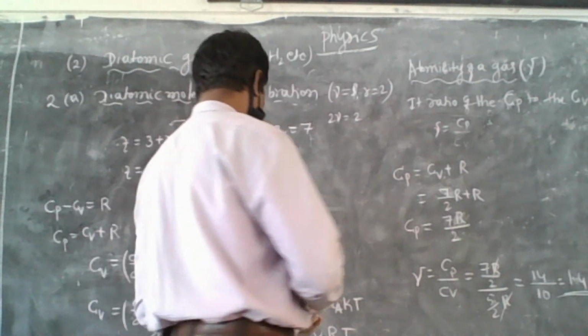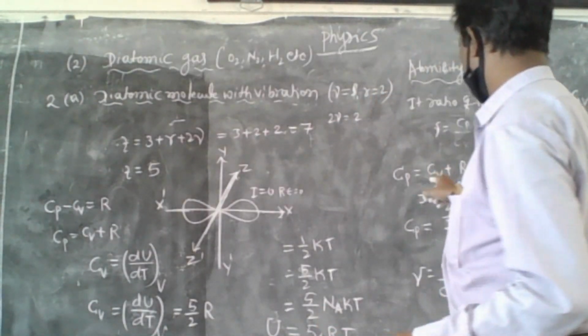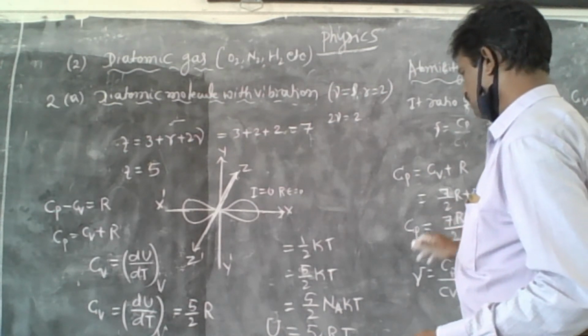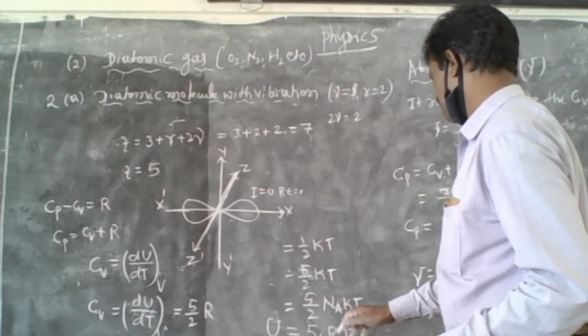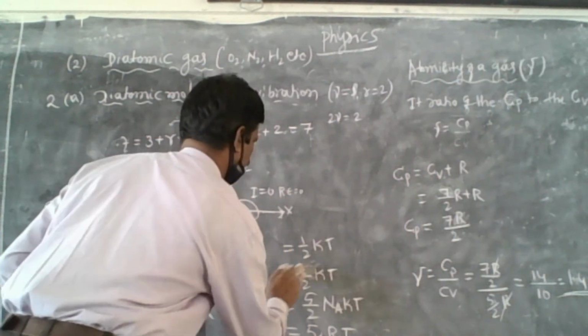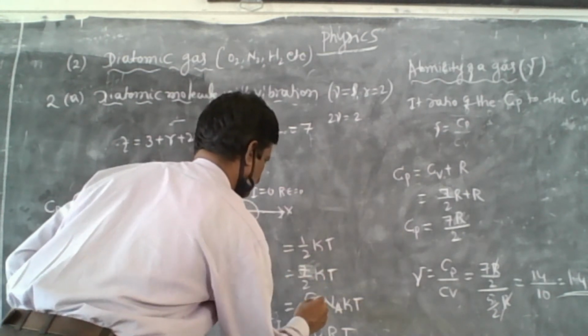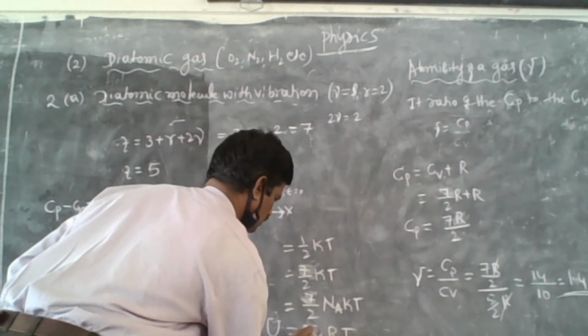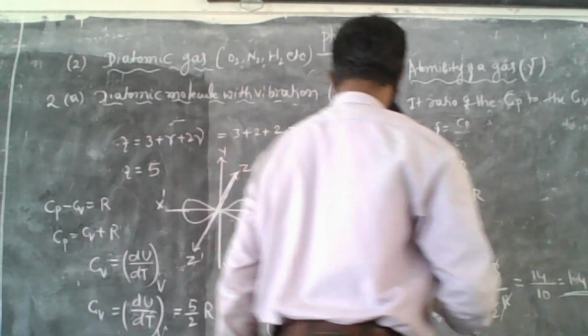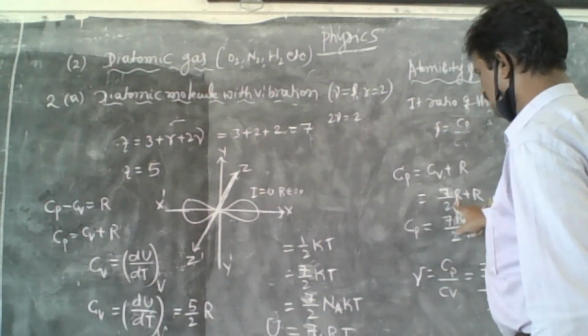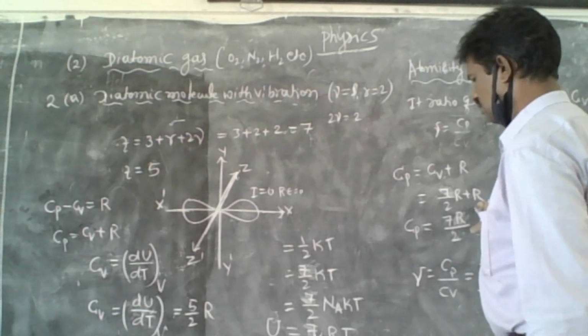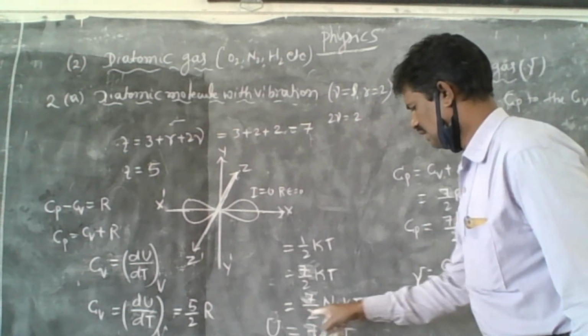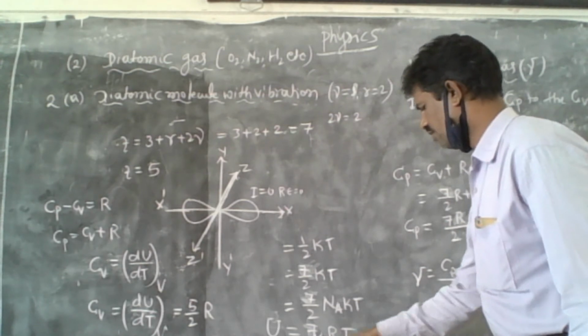Now we are going to simplify. Cp is equal to Cv plus R. Here Cv equals 7/2 R. Total 7. After deriving the internal energy, we can get 7/2 RT.